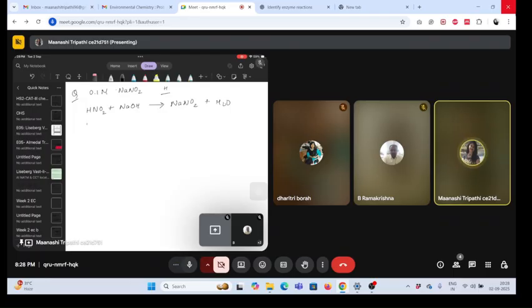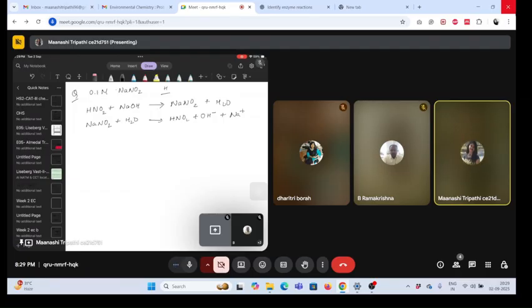Okay, so NaNO2, whenever a salt is given, now you have to do some extra work. NaNO2 plus H2O is equal to HNO2 plus OH minus plus Na plus. I have just split NaOH because that is a strong base, right? So it will dissociate completely. So that is why I have split NaOH.